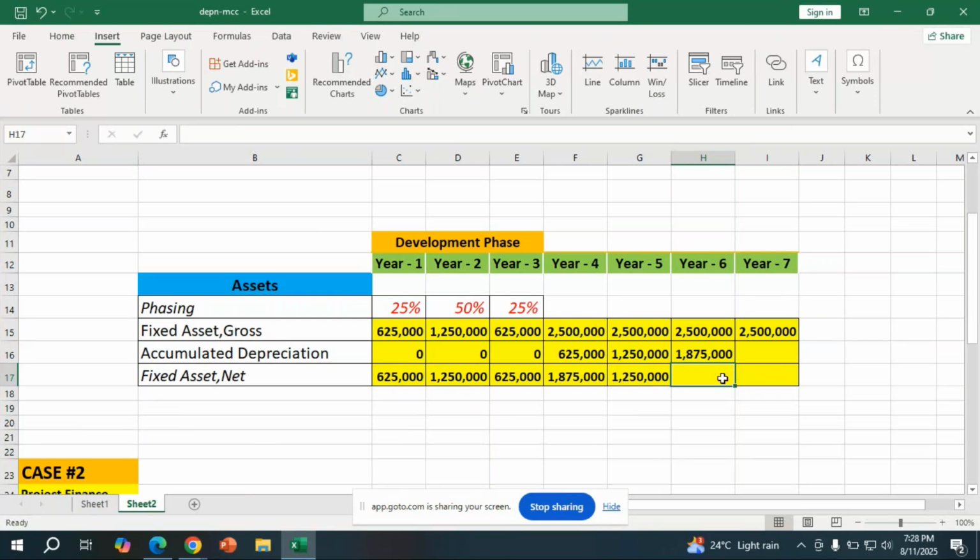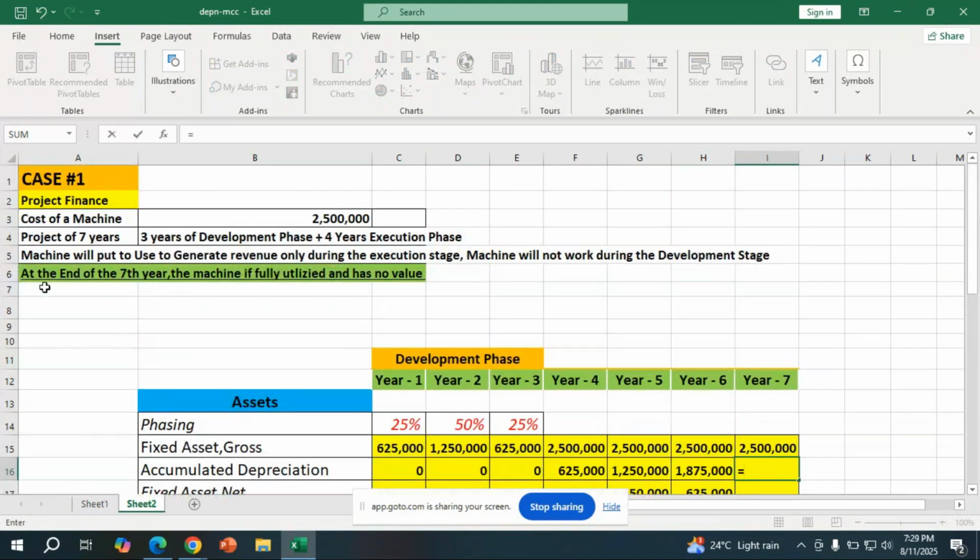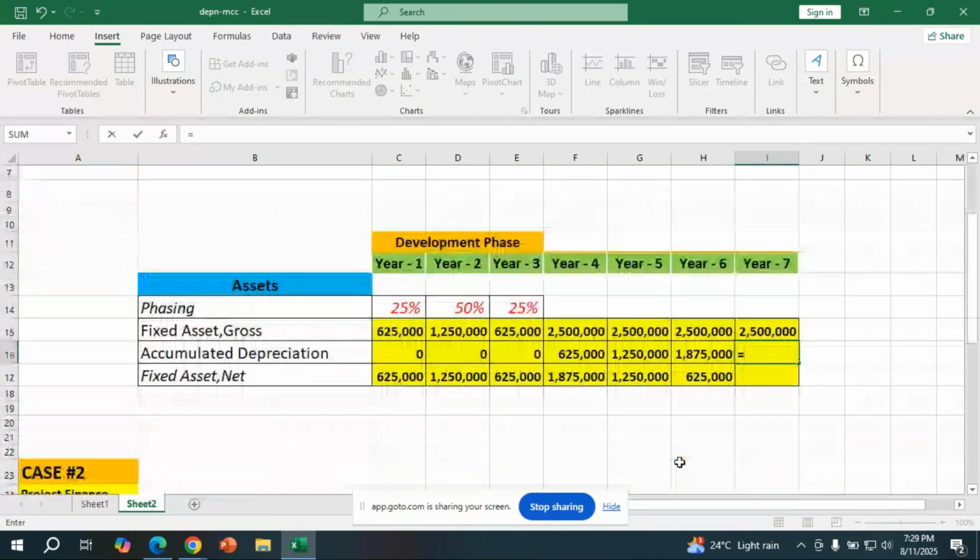Plus this amount. So we get this amount as 18 lakh 75,000. And the net value is equal to 25 lakh minus 6 lakh 25. So again here is the final year of execution and there's a statement here. At the end of the 7th year the machine is fully utilized and has no value. So you have to arrive at zero value now.